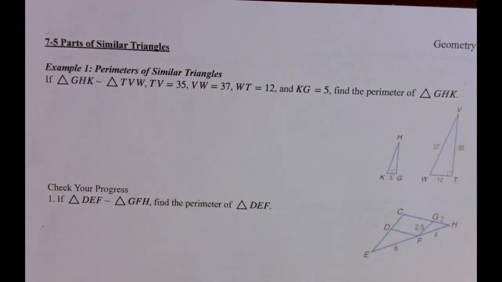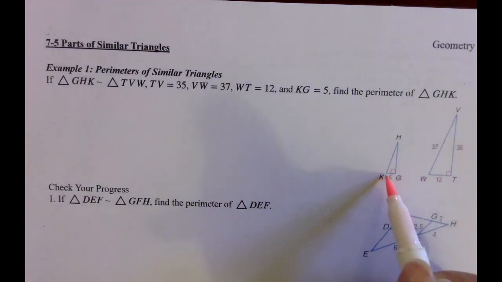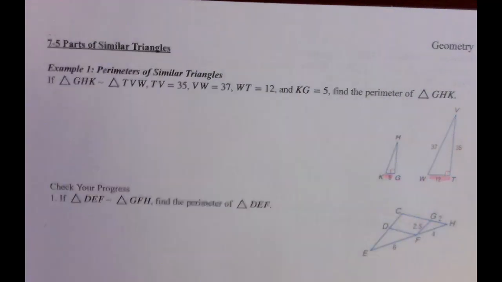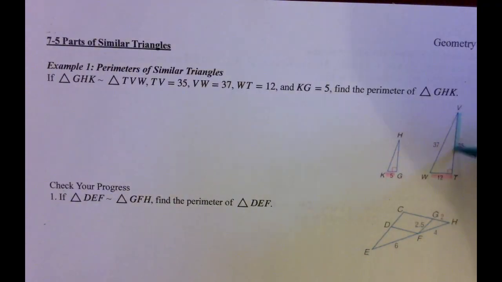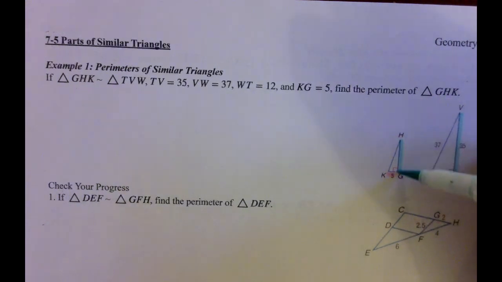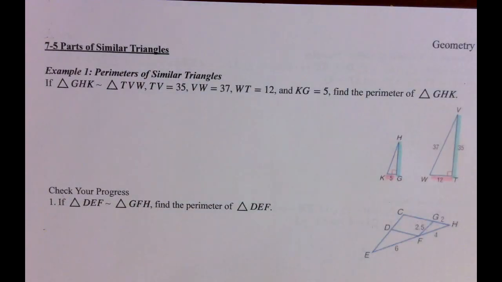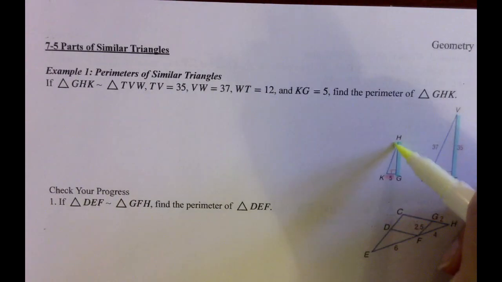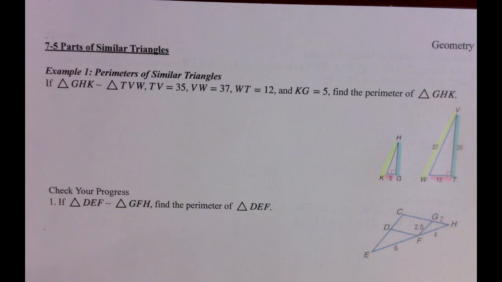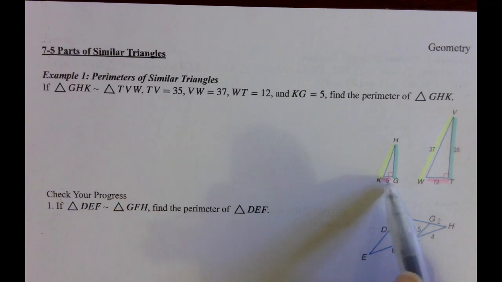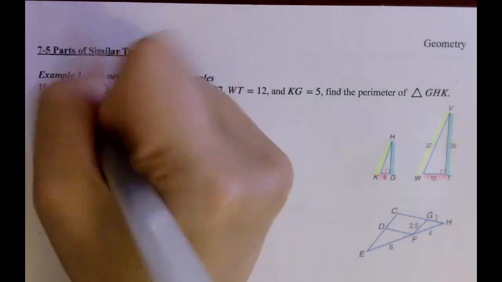Okay, so let's match corresponding parts. So this goes with this. This goes with this. And this would go with this. Okay, so we know from here that it's 5 over 12.